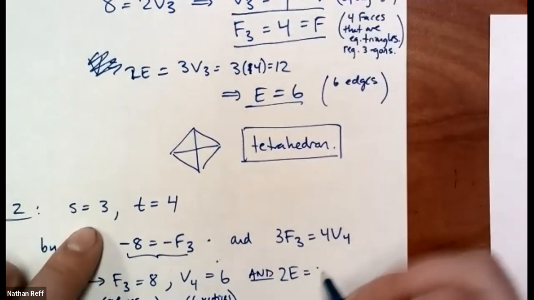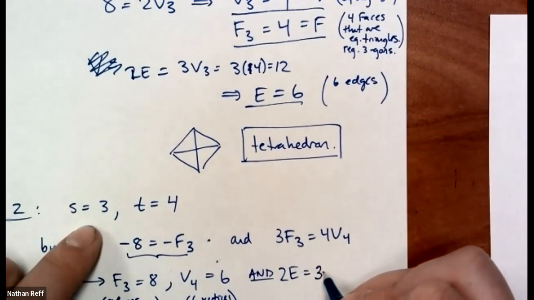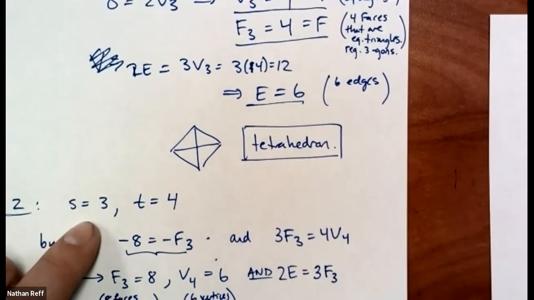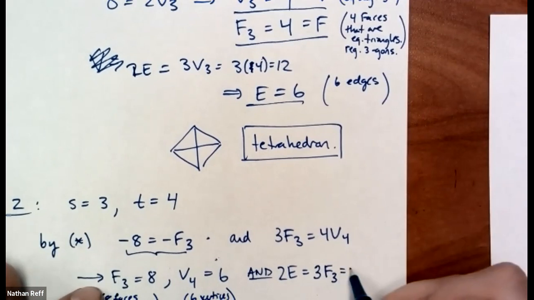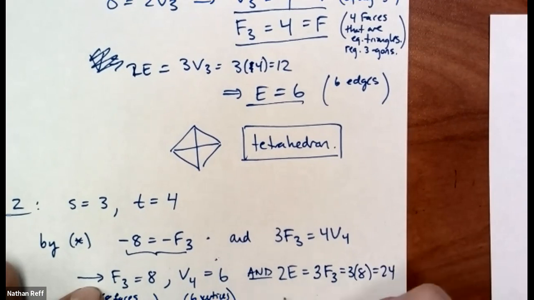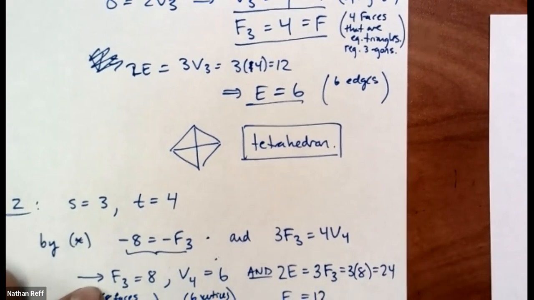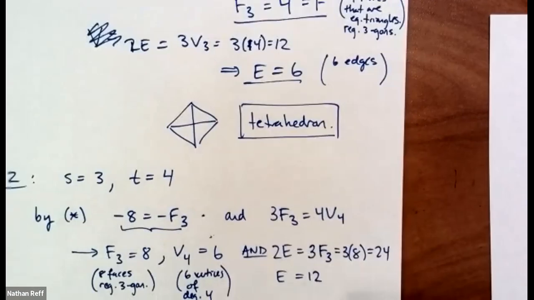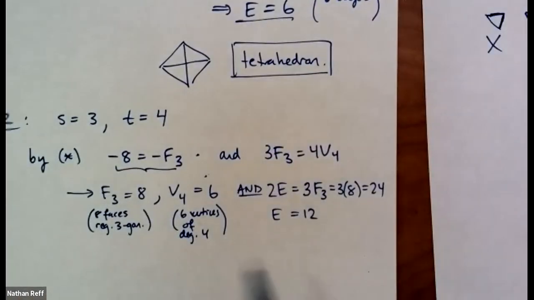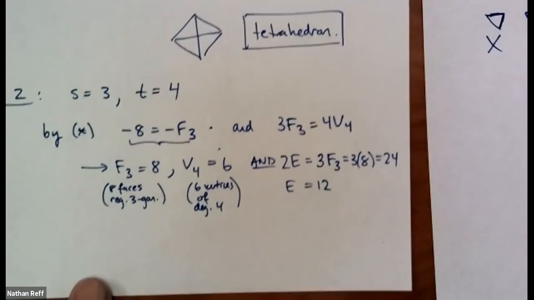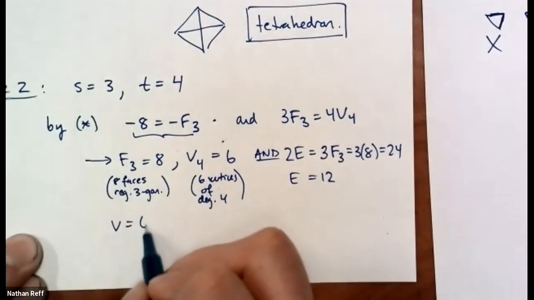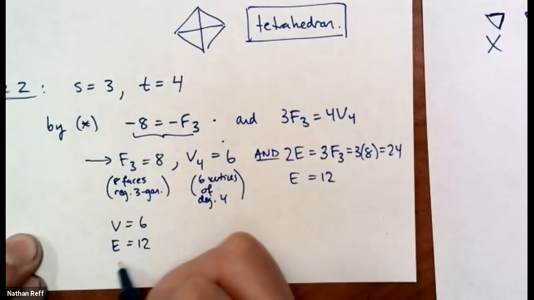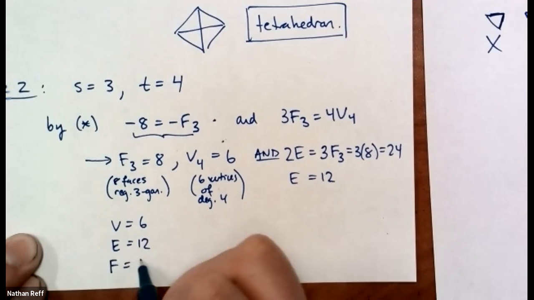So the f here would be 3, so 3f3. So there should be 12 edges. Does this look right to you guys? So again, v would be 6, e would be 12, and f is 8.